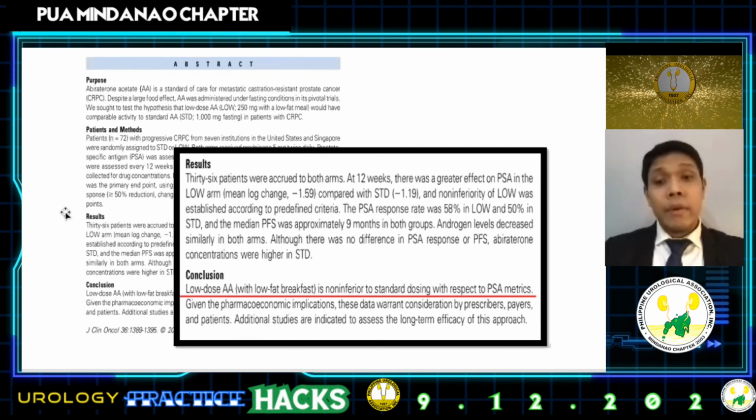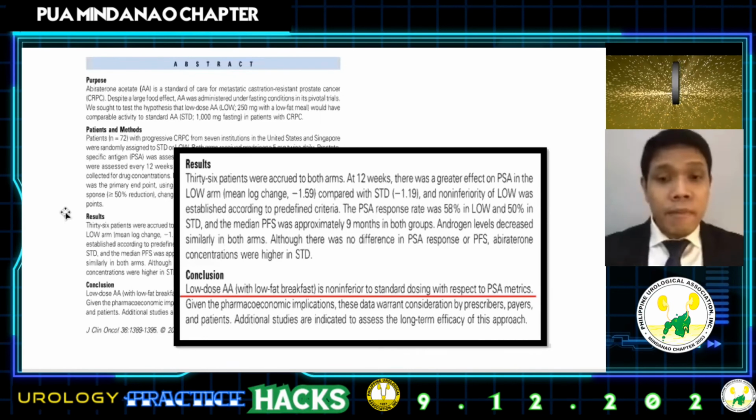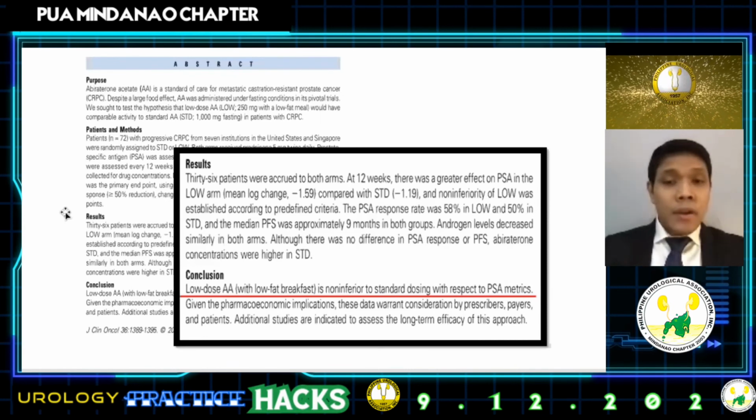Although again, of course, at the end of the conclusion, long-term follow-ups are needed. Larger RCTs, ideally multi-center, multinational, are ideal, so we can see the real picture or the real effect of giving low-dose abiraterone. Okay, so we need to establish this more. But there's some data.